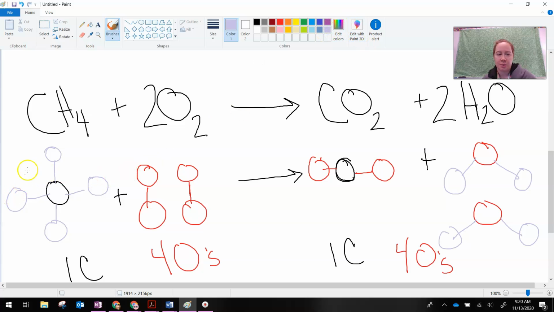Hydrogens, 1, 2, 3, 4 on the reactant side, 4 H's, and 1, 2, 3, 4 H's on our product side, 4 H's. So again, this is following the law of conservation of mass. So yes, your evidence would be that the atoms are the same on the reactant side and the product side.